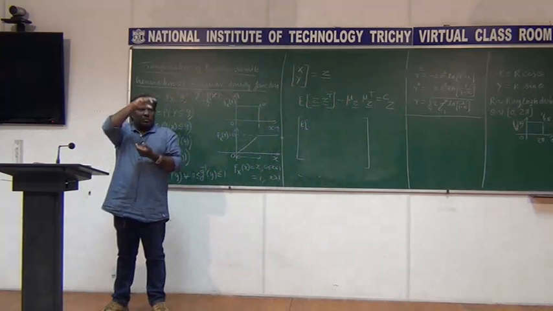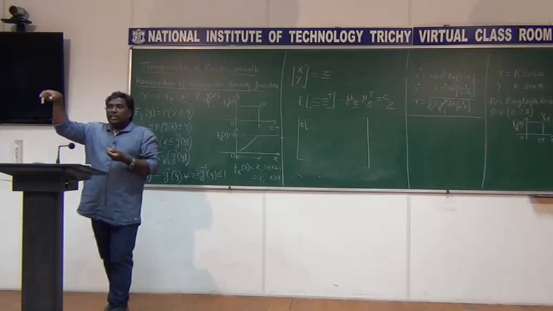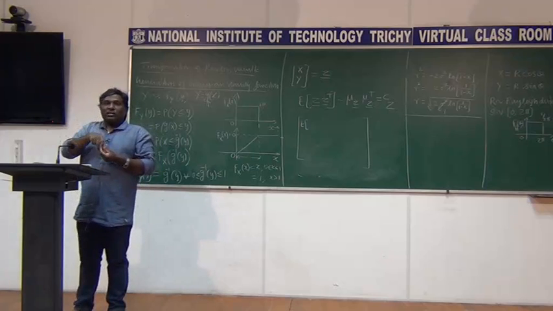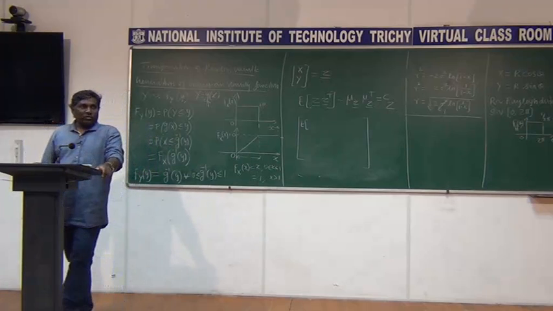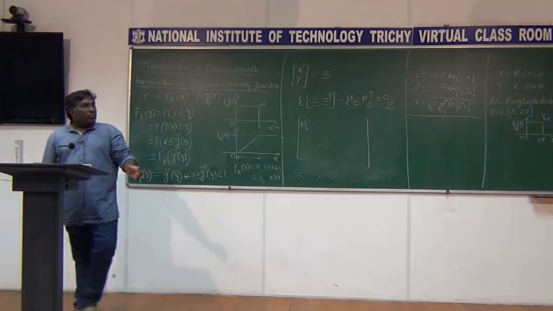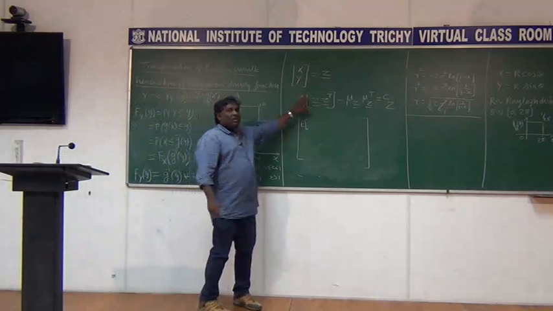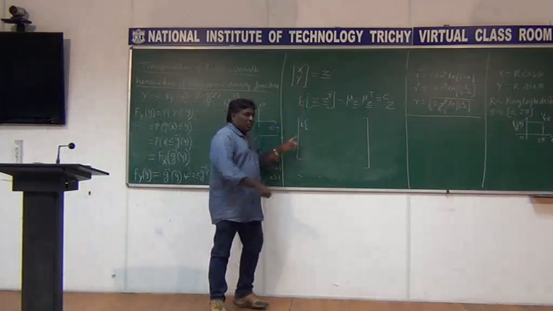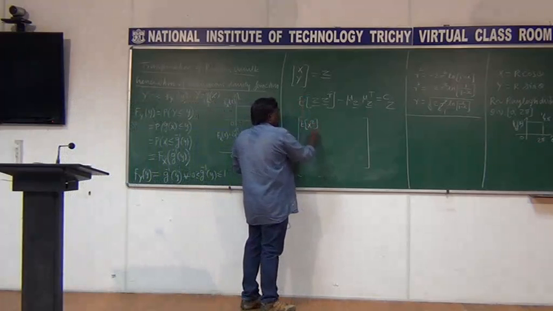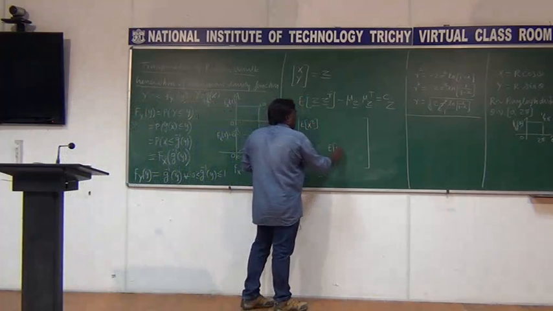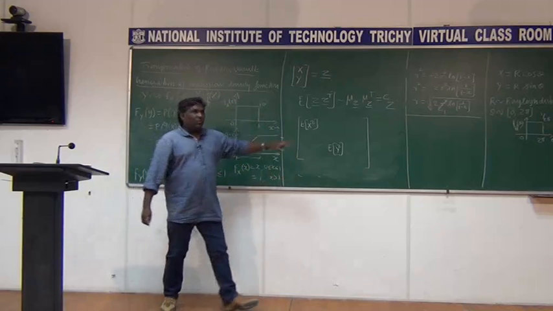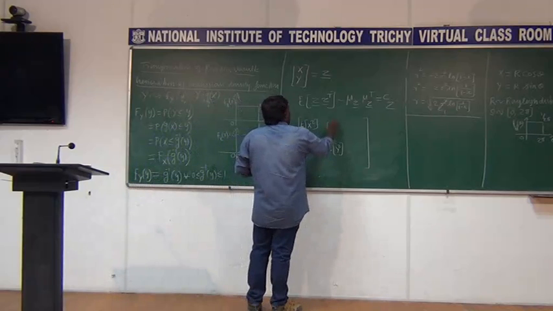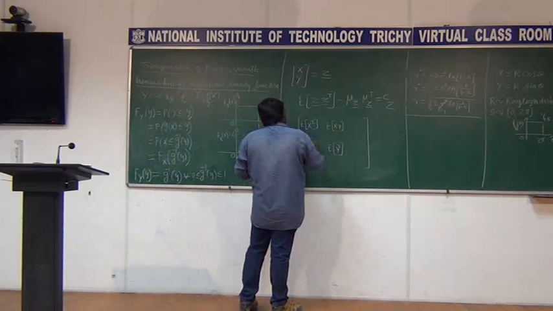What is the first element? It is x square. Second element is xy. Third element here is xy again. And this element is going to be y square. The contribution from that first part is going to be your expectation of x square here, expectation of y square here, and here expectation of xy. I am talking about only this first component.